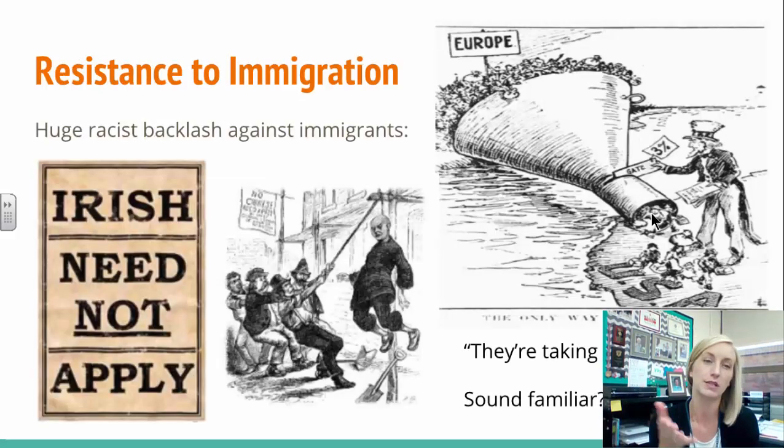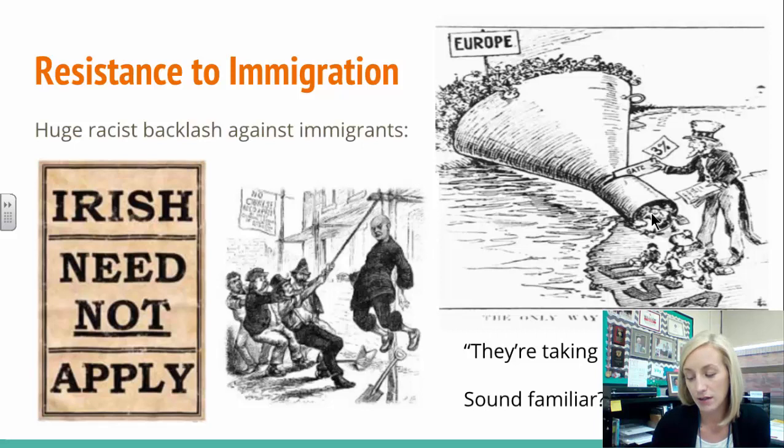So again, it's this resistance to immigration, a racist backlash against immigrants, mostly Irish and Chinese. Because we have this influx of workers at the time due to immigration, it makes for more competition. Because there's so many people to work, it drives wages down. So even further fueling that anger and animosity there.